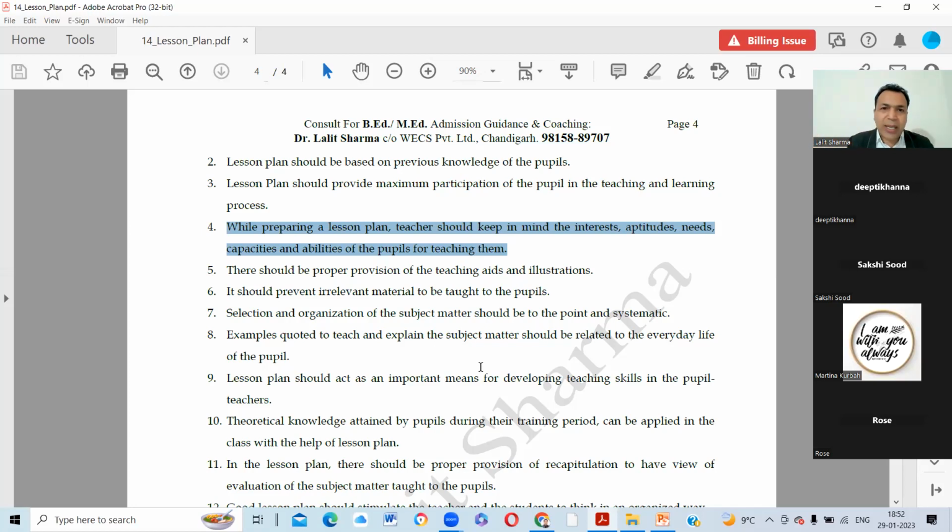That's why you can know the interest, aptitude, needs and capacities of the student. This is the meaning of teaching. Teaching doesn't mean whatever the content you have in your mind, you have to deliver. What is teaching? Teaching means according to the interest, knowledge, attitude, aptitude of the students, you have to deliver the content. Only then they will grasp it, right?